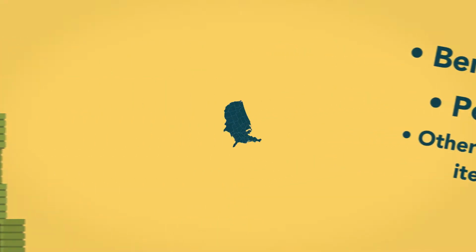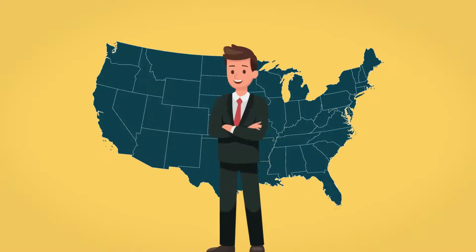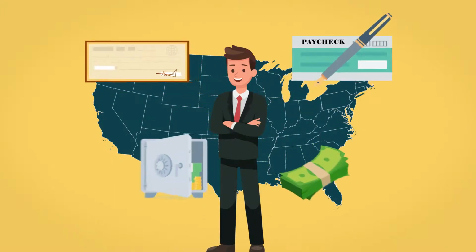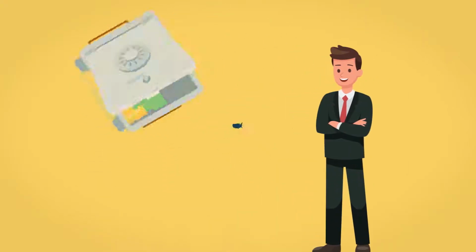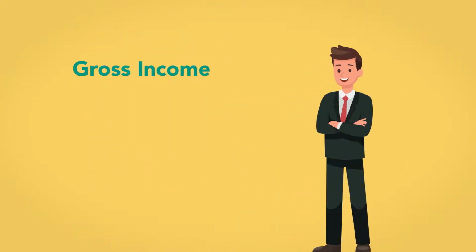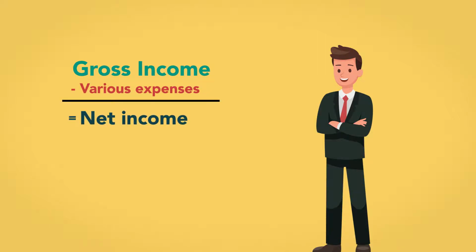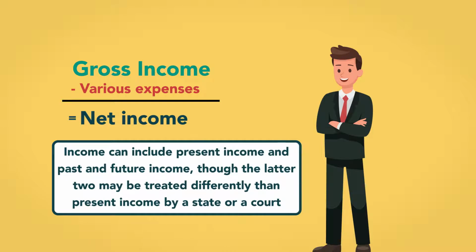This determination can vary a bit by state, but for the most part, states will look at income from every source in calculating support amounts. This is called gross income. After that, the formulas will deduct various expenses to arrive at the party's net income. Income can include present income and past and future income, though the latter two may be treated differently than present income by a state or a court.